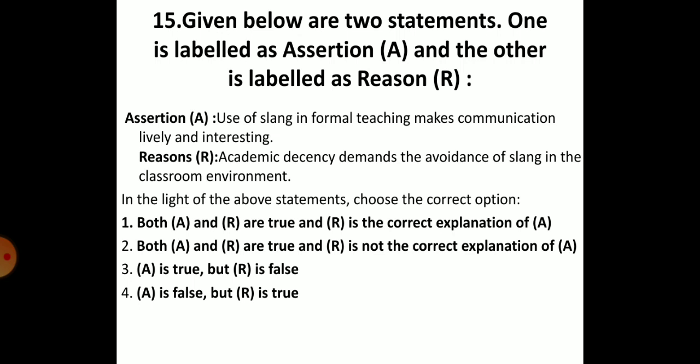In the light of the above statements, choose the correct option. Options: both A and R are true, and R is the correct explanation of A; both A and R are true, and R is not the correct explanation of A; A is true but R is false; A is false but R is true.